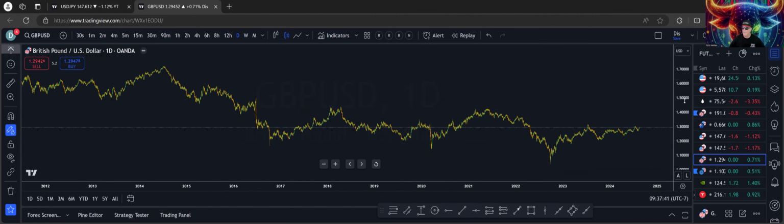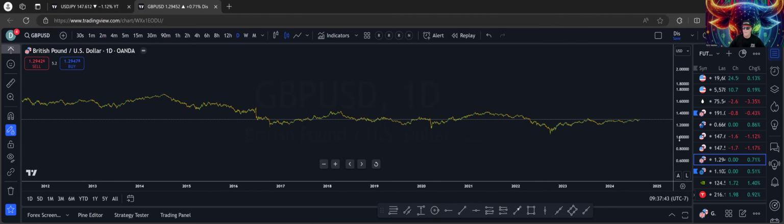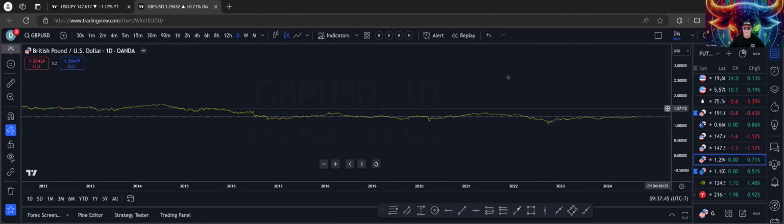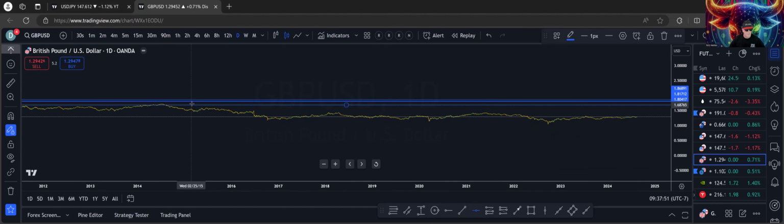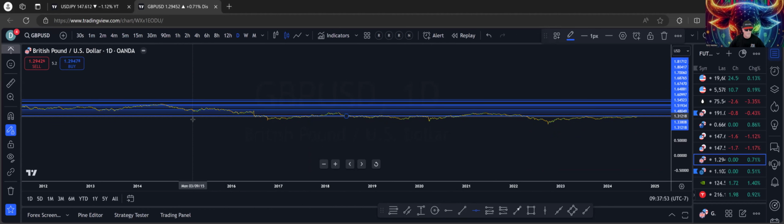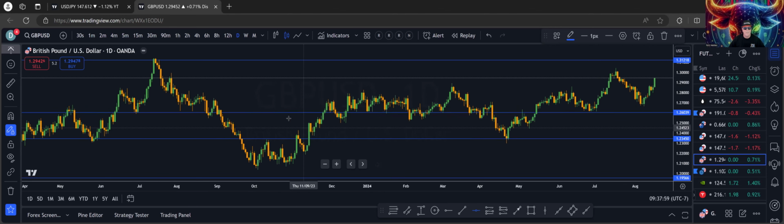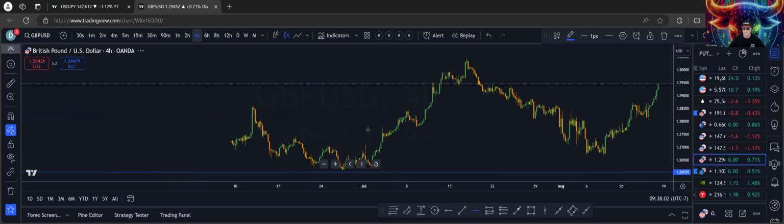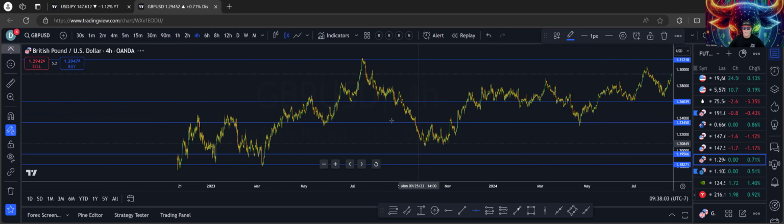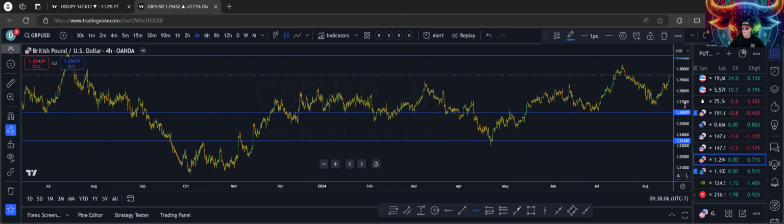All right, we're going to go ahead and take our horizontal line, and we're going to click the heck out of it. Go ahead and refresh the screen. Go to a 4-hour chart, and we're going to find touches.